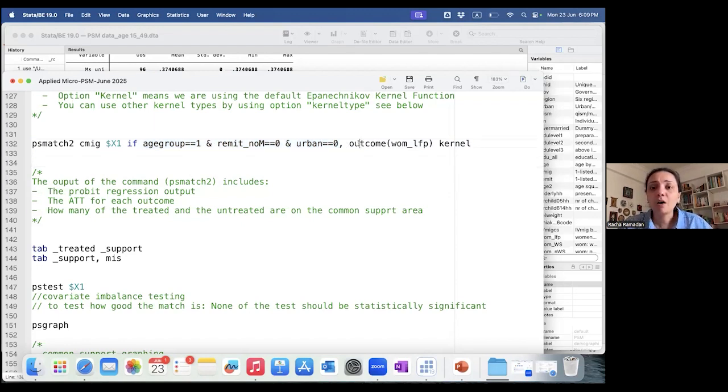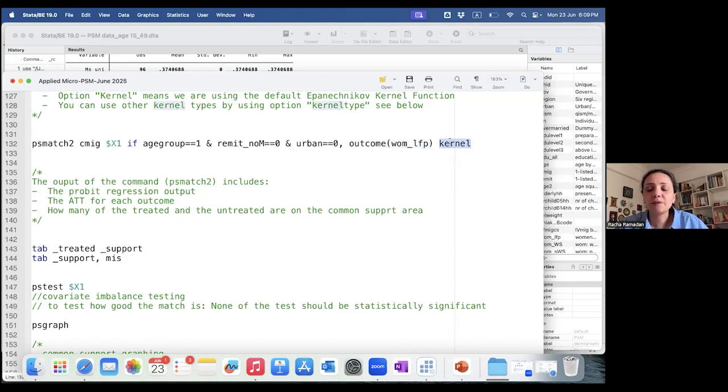Okay, comma, outcome. What is the outcome variable of interest? What indicator do I want to see if there is a difference in between the treated ones, the households who have migrants, and the non-treated ones, the households who have no migrants? In our example, it is women's labor force participation.